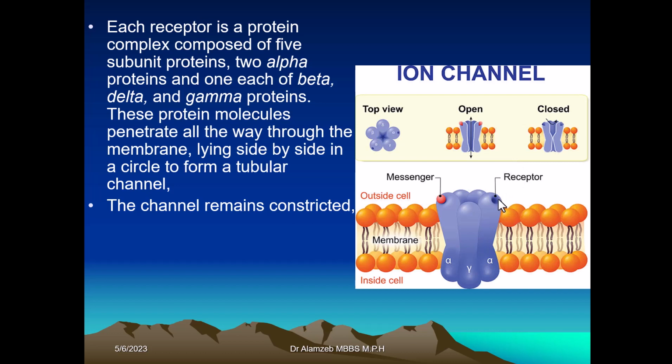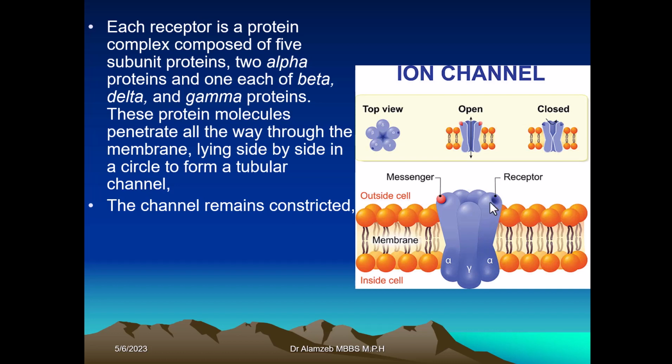The acetylcholine attaches to the alpha subunits; there are two receptor sites formed by the alpha proteins of the channel.